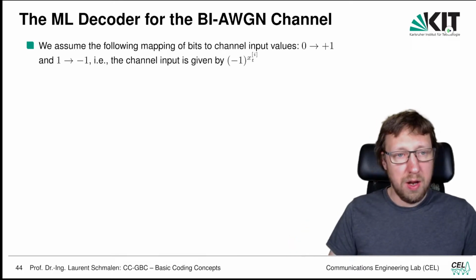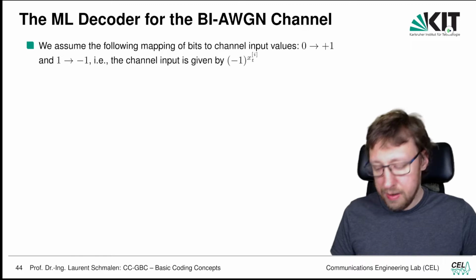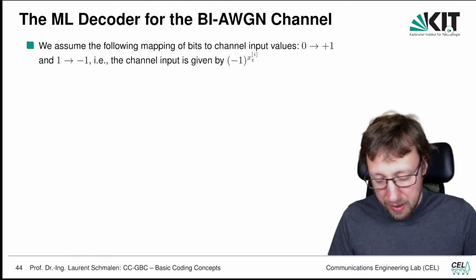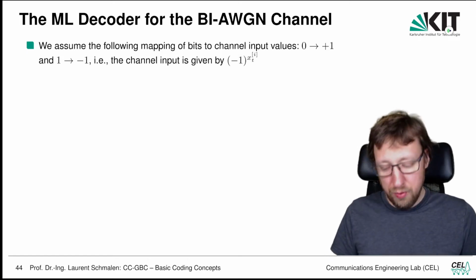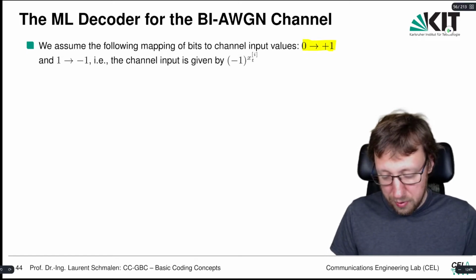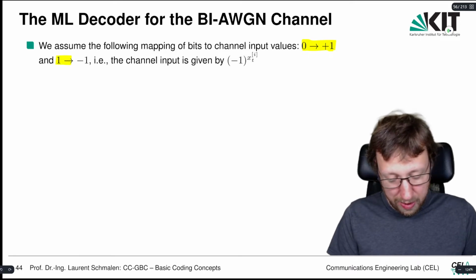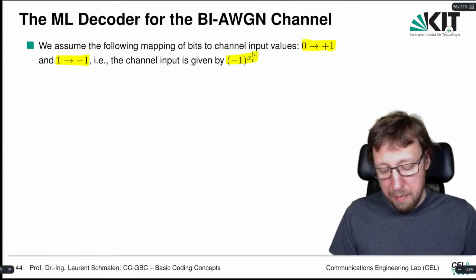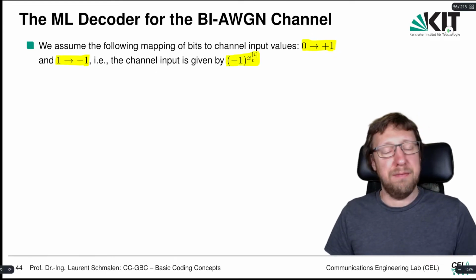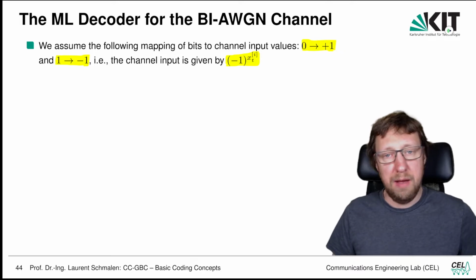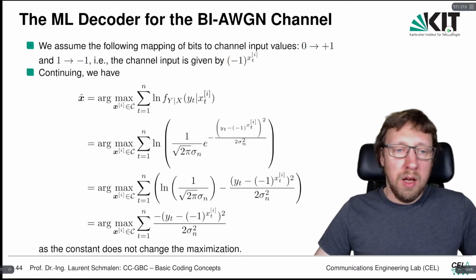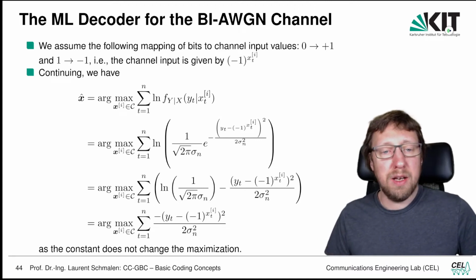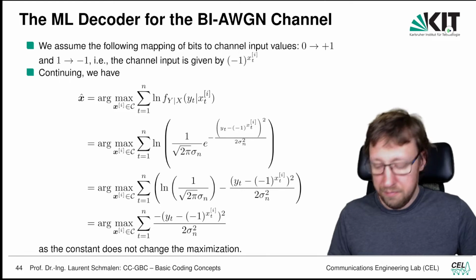In order to continue with the decoder, we assume that the bits are mapped to bipolar values in the following way. This is the definition we already used. So 0 is mapped to a +1, and the logical 1 is mapped to a -1. So the channel input is given by -1 to the power xt. So with this definition, we can insert f of y given x.